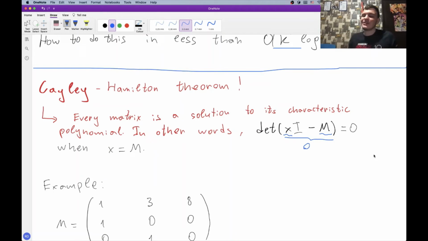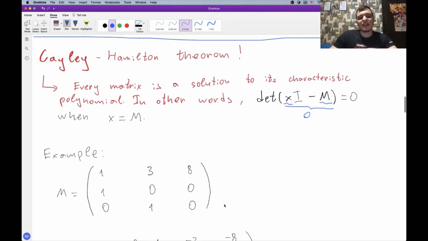It's obviously not very formal, because in a way I'm just extracting the definition of the determinant of x for an integer x. But the Cayley-Hamilton theorem says that if you extract the determinant in terms of x, and then you replace x by m, then it will satisfy this equation.